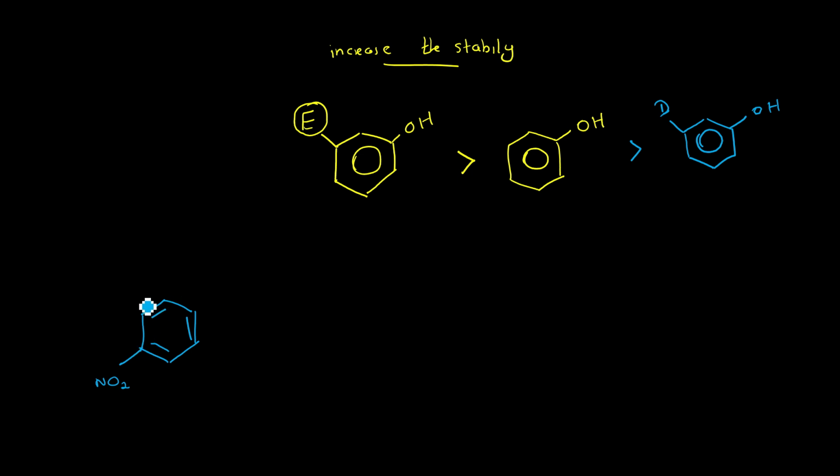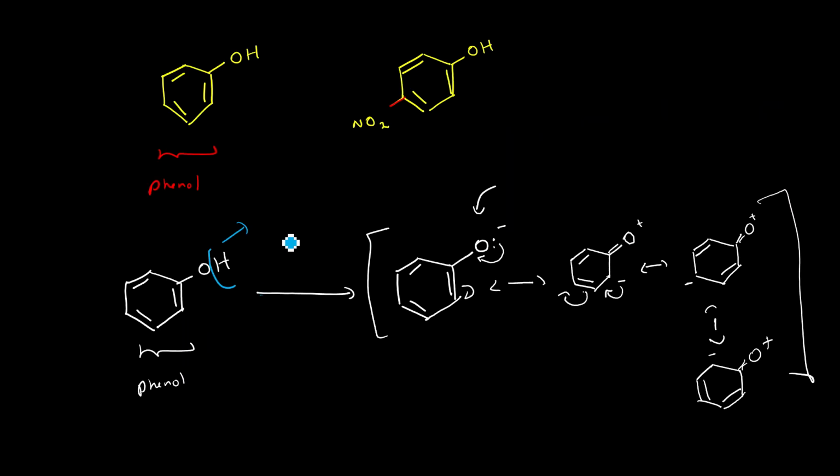If you remember closely, this place is getting relatively positive, this place is getting relatively positive, this place is getting relatively positive. So basically both meta positions are relatively higher in charge, not getting affected by the NO2 group. It is getting less effect, but these places are becoming more electropositive.